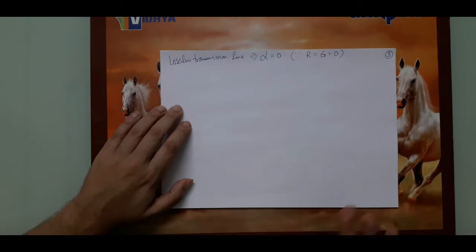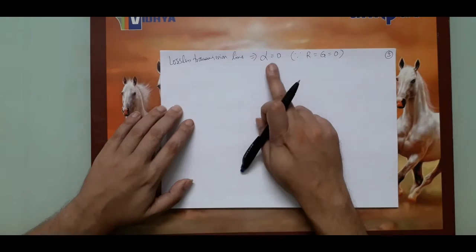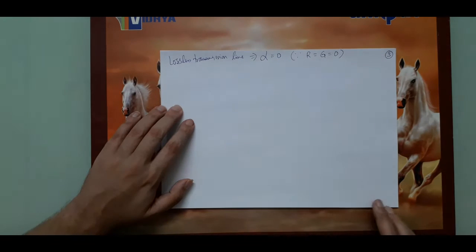So we said that this is a good approximation because, most importantly, it makes our life simpler, and secondly, because it is not a bad approximation. These days technology is able to give us transmission lines which can give you alpha almost equal to 0.